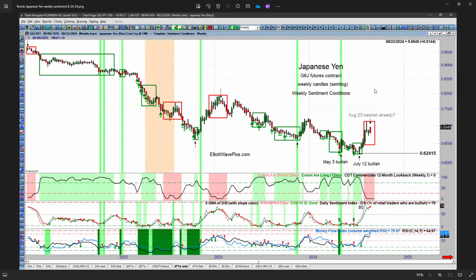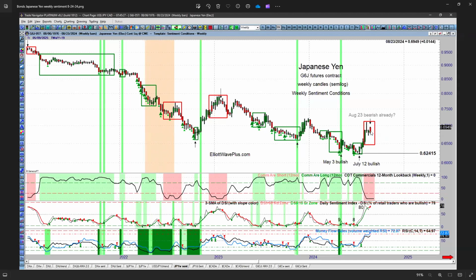The thing to realize about the Japanese carry trade unwind is that it was responsible for financing the bubble rally in the Mag 7 stocks. So what hedge funds and large traders were doing is borrowing money at zero interest rates in yen, and then turning around and using that money they borrowed at zero interest rates to buy Mag 7 stocks.